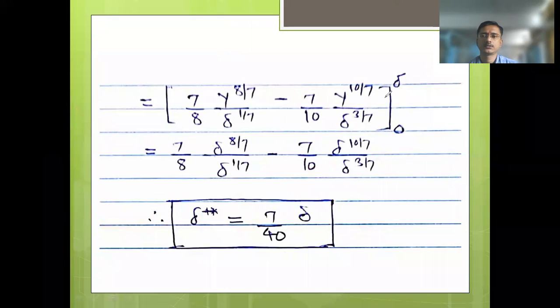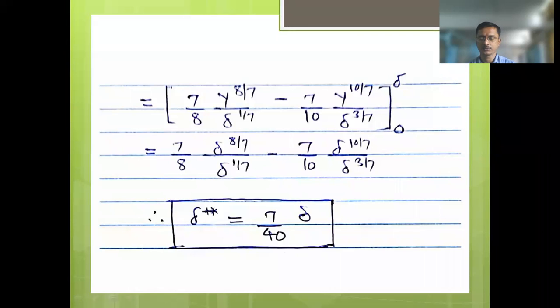Okay. After putting the upper and lower limits, we will get del in the numerator, del in the denominator. Do the division of these powers, and you will get del star is equal to 7/40 into del. Okay. In this way, we have to solve this problem based on displacement thickness, energy thickness, and momentum thickness.